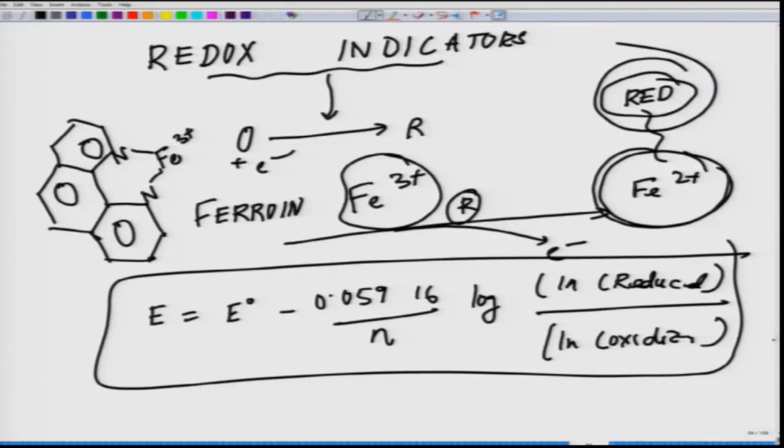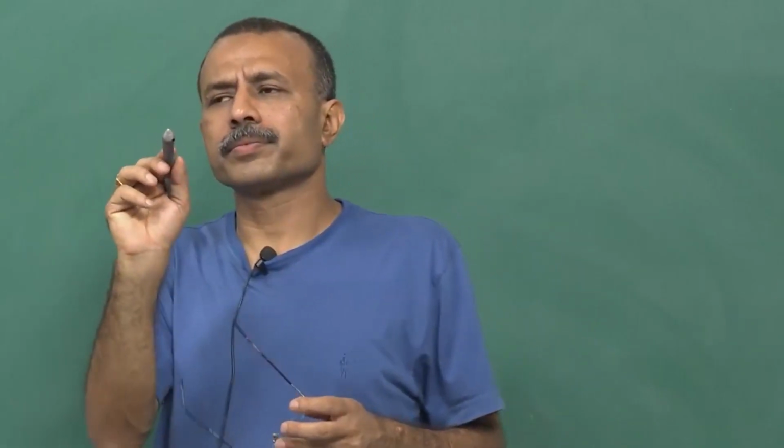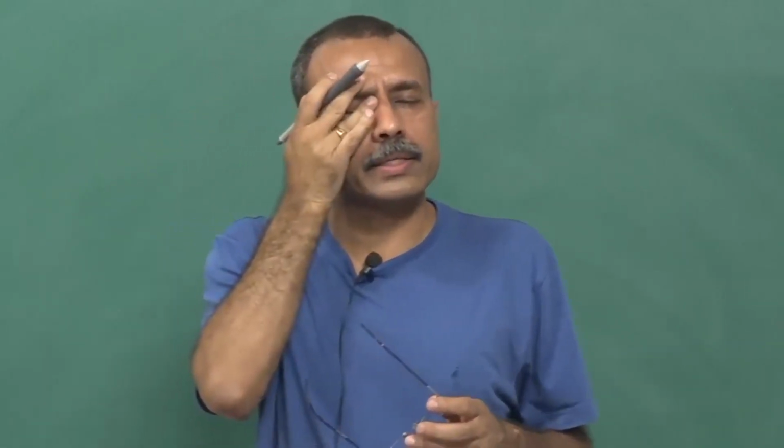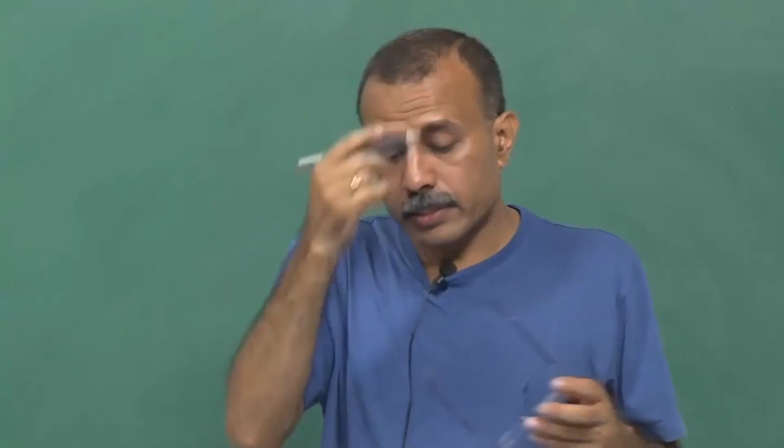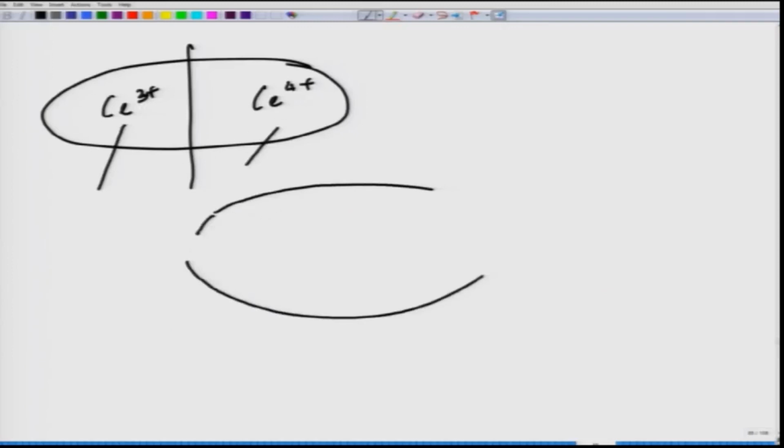Similarly, you can do it using cerium, which has been done several times, Ce4 plus and Ce3 plus. Those of you who do not know cerium, if you look at the lanthanide series, the second atom in the lanthanide series is cerium, and cerium in its nano state remains in two different oxidation states, Ce3 and Ce4, and it can autocatalytically shift from Ce3 plus to Ce4 plus.